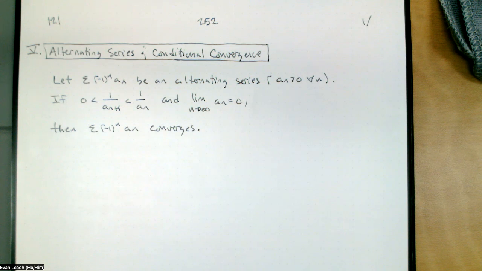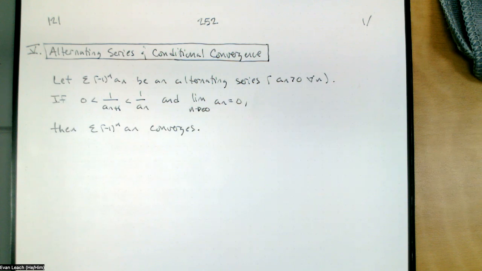Remember that the limit of the terms equaling 0 is necessary for convergence. What we're getting here is that the terms decrease. The two new things here are alternating and decreasing. The reason we want alternating and decreasing is so that the sequence of partial sums will do that door spring thing.